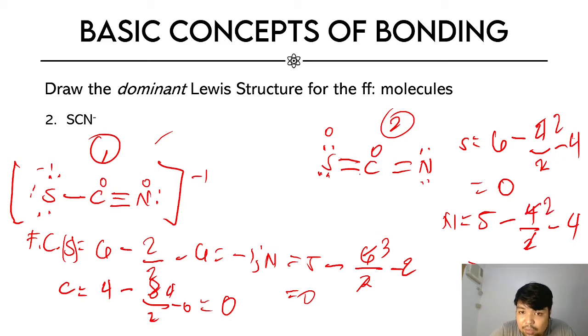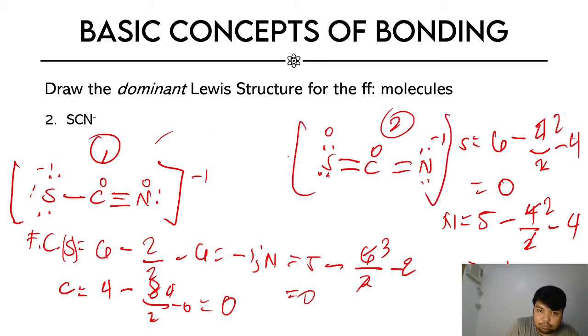So 5 minus 2 is equal to 3 minus 4, that is equal to negative 1. So the overall charge here is negative 1. So basically, the formal charge was just transferred from the sulfur atom to the nitrogen atom if we look at Lewis structure 1 and Lewis structure 2.